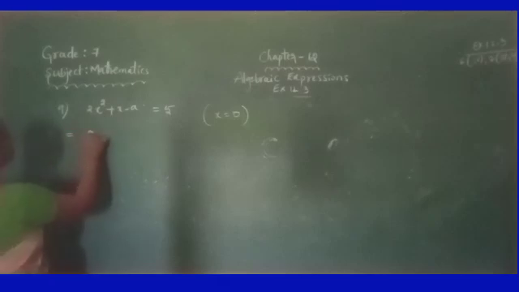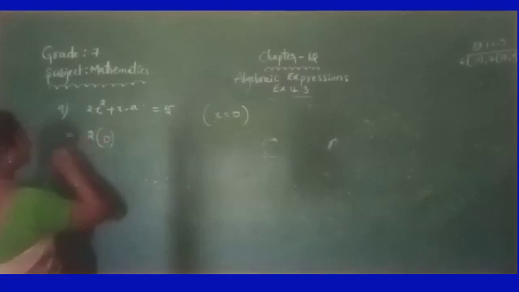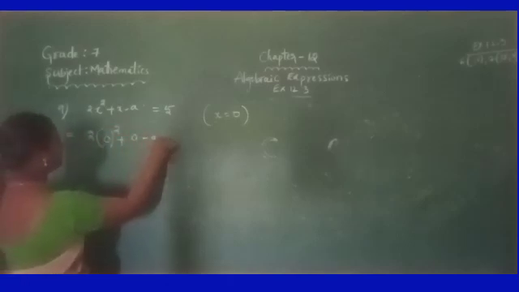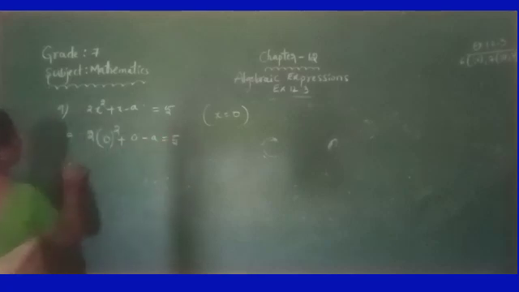So what is the value of this expression? Let us check this one. 2 into, in x place substitute 0, 0 square plus 0 minus a is equal to 5.